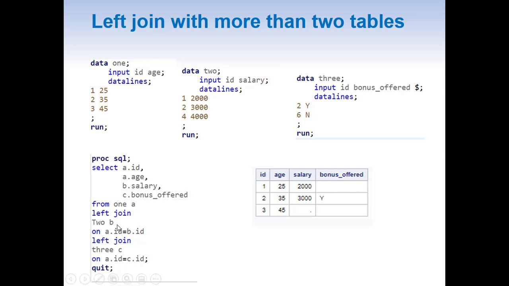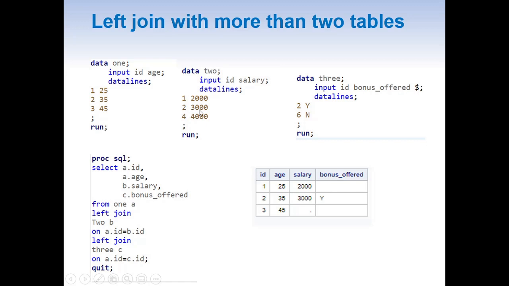Again, here you have from 1a left join 2b on a.id equal to b.id. So first 1, 2, 3, because this is our left table and it joins and we get all the information from left table 1, 2, 3, and we are going to get the information we need from the right table.